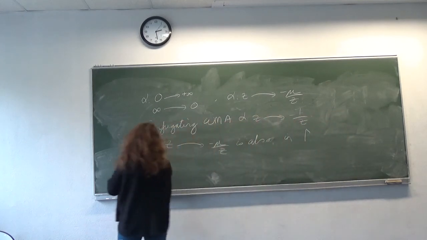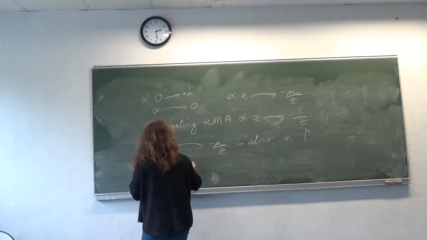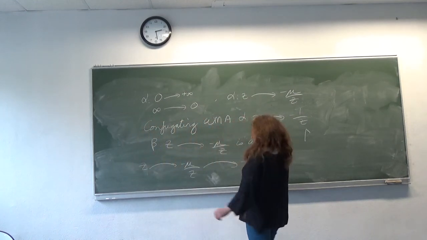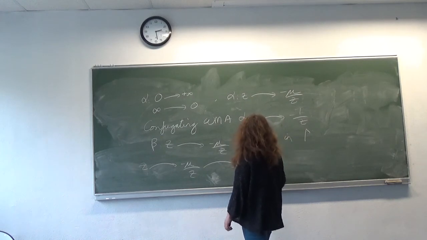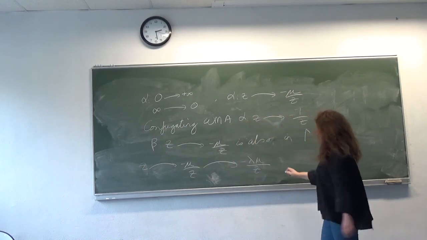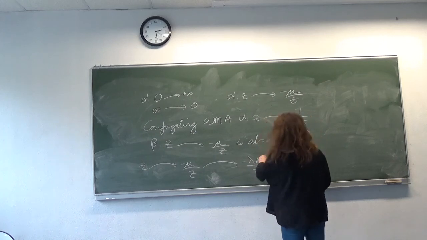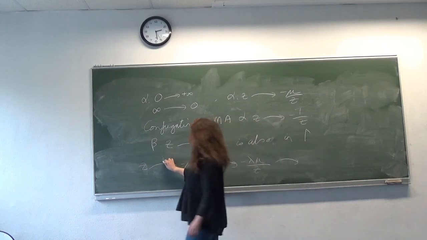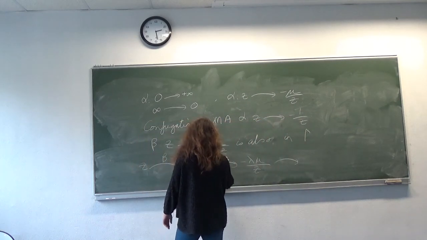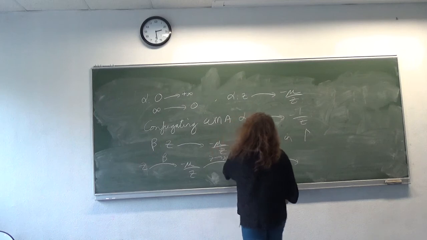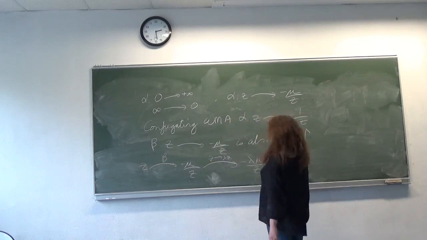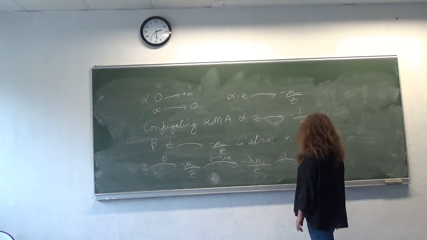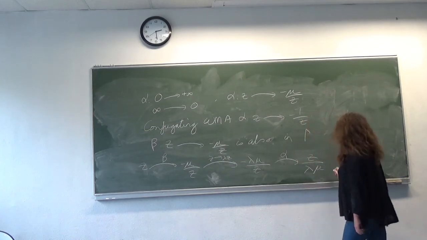Then I would have that z goes to minus mu over z goes to minus lambda mu upon z. Now I'm going to compose this with z goes to minus 1 upon z, alpha, and this gives z goes to z over lambda mu.